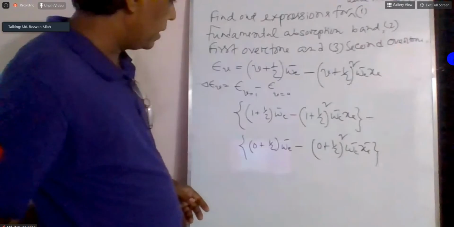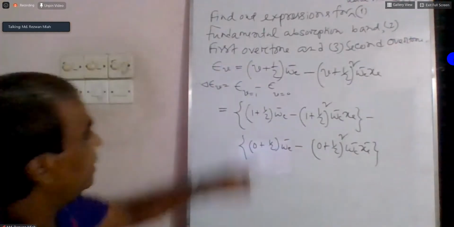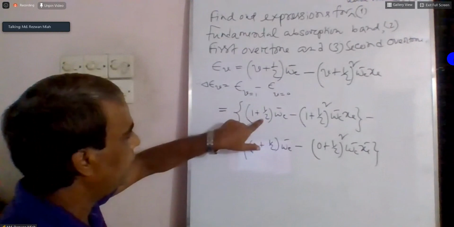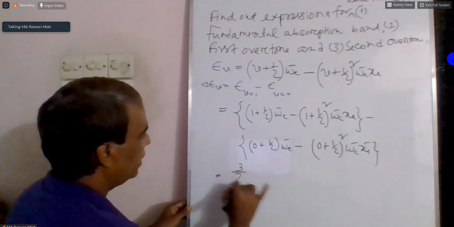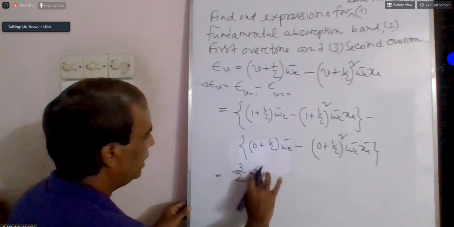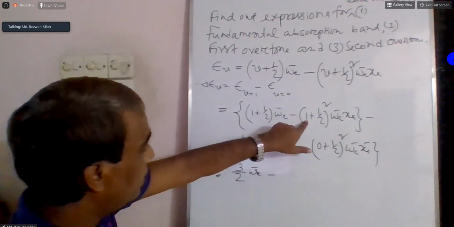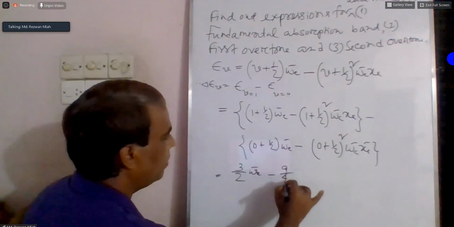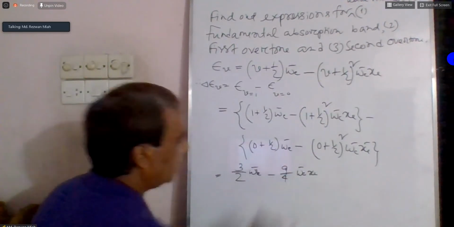So if we evaluate these things, let us see: 2 times 1, 2 plus 1 is 3, 3 by 2. So we obtain 3 by 2 omega e bar minus 3 by 2 whole square, so 9 divided by 4 omega e x.